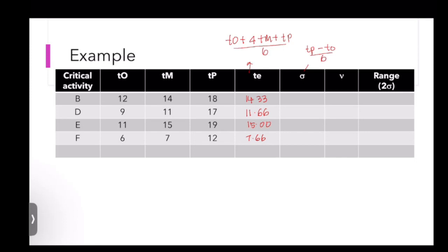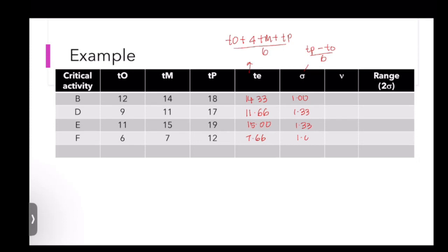So the value of standard deviation for activity B is 1. Activity D is 1.33. Activity E is 1.33. And activity F is 1.0.